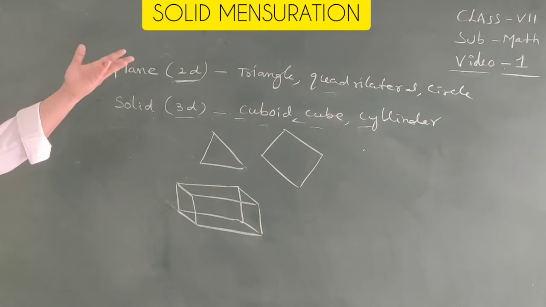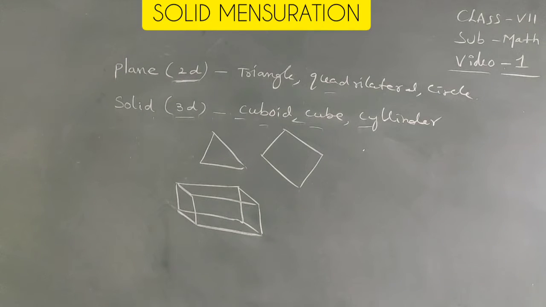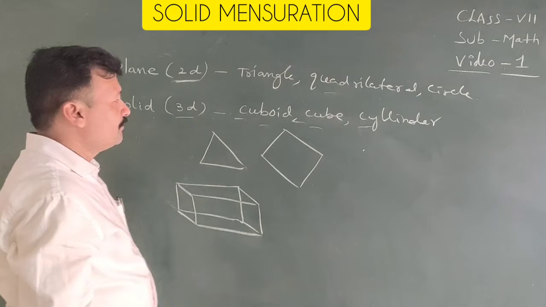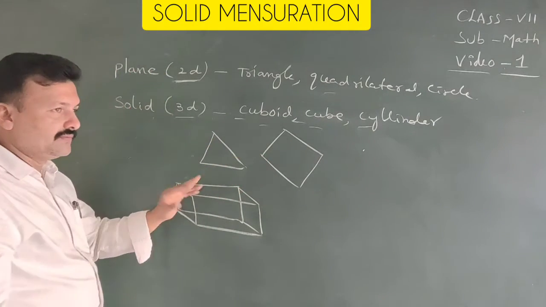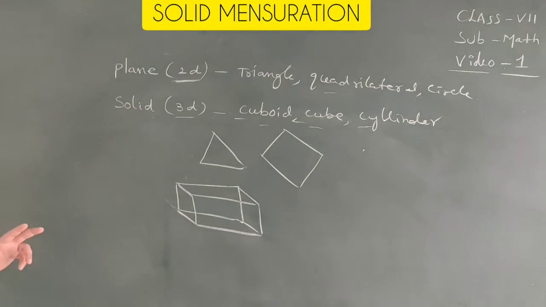With the help of circle, we have cylinder, cone, sphere, like these figures. Here, we need to discuss volume and surface areas. Before we learn these things, first of all, what are solids?